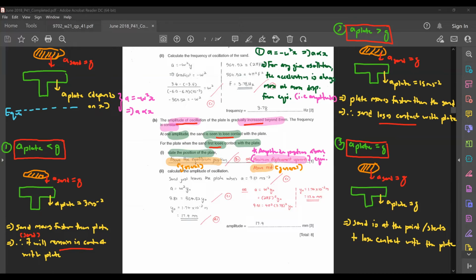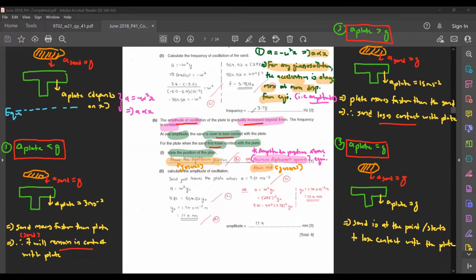So you consider the case first that acceleration is proportional to displacement, when you have any given oscillation. If you're interested in this acceleration, the acceleration would always be maximum at the maximum displacement from equilibrium. In other words, at your amplitude position. Okay, so that's fact number one to take note of.